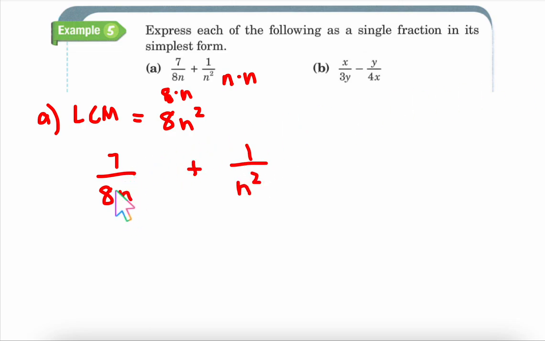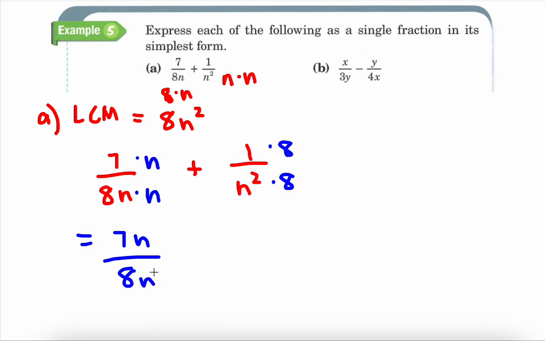So 8n is missing an extra n. I'm going to multiply that by top and bottom. And then n squared is missing an 8. So after I multiply them together, I get 7n over 8n squared plus 8 over 8n squared as well.